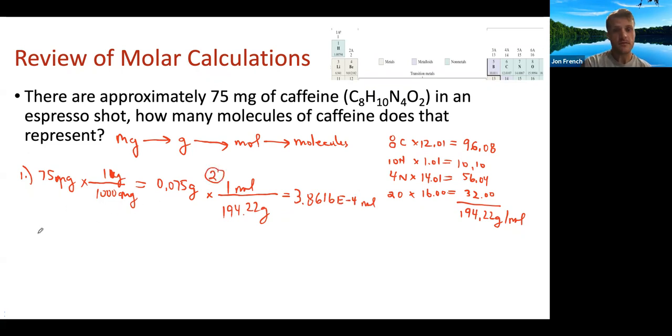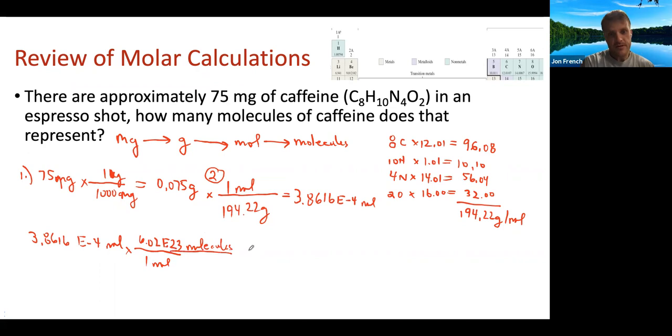Step 3, now we can go from moles to molecules. So I've got 3.8616 e to the -4 moles. Avogadro's number tells us, for every 1 mole that I have, we have 6.02 e to the 23 molecules.